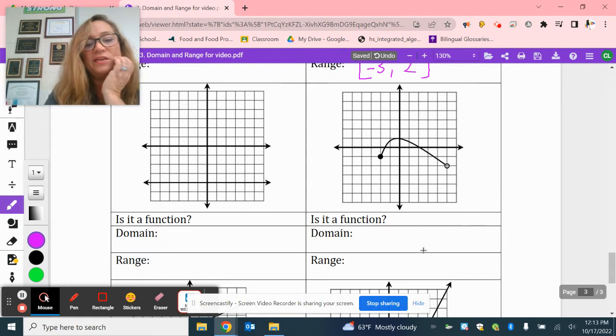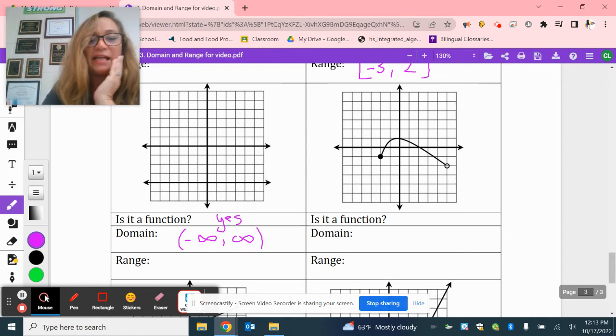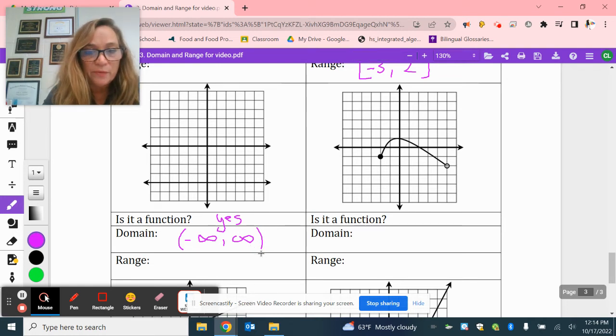Okay, so that's a horizontal line. Horizontal lines are functions. And it has arrows on the left and arrows on the right. So that's the double infinities, or negative infinity to positive infinity. Okay, now the range is kind of boring. 1, 2, 3, 4, negative 4. 1, 2, 3, negative 4.